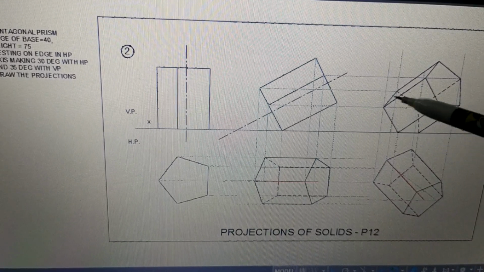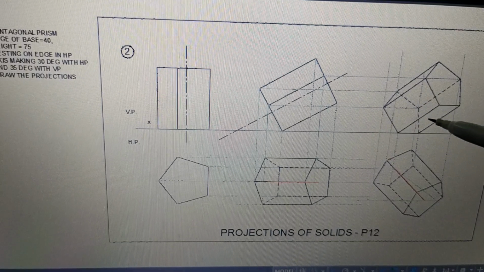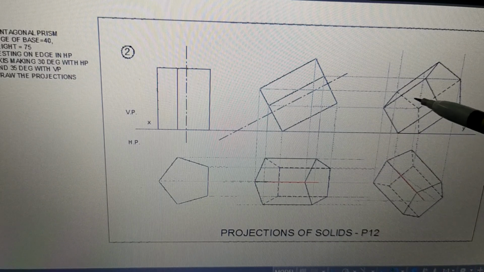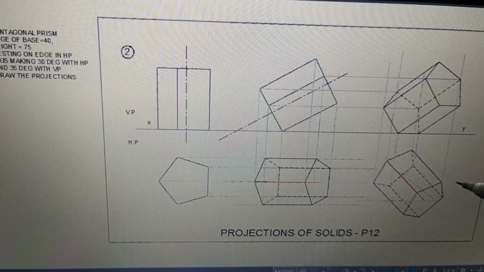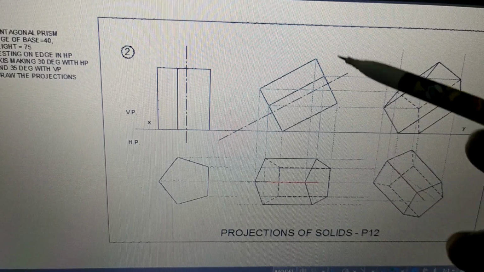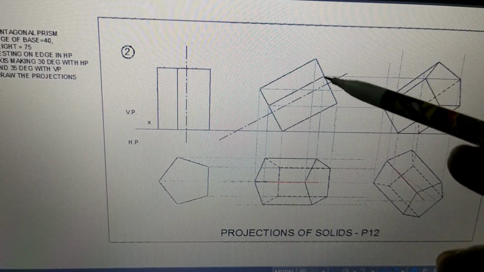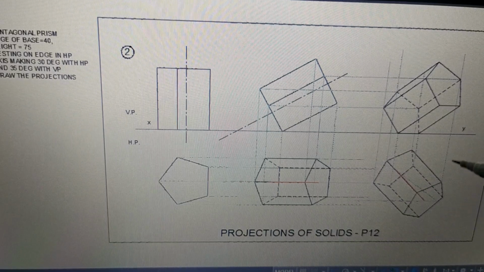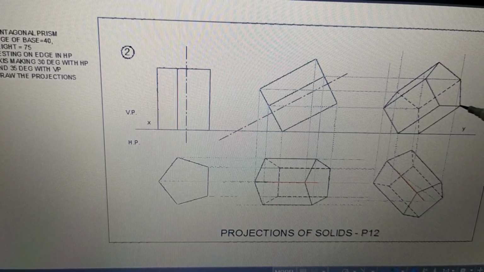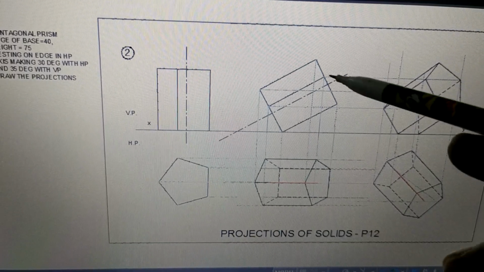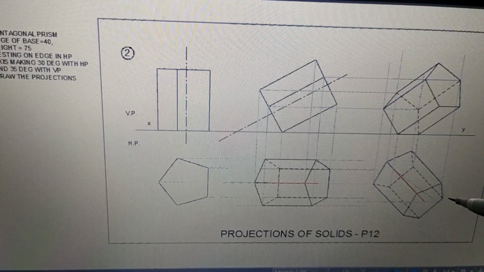When you draw this, first you draw a light pentagon. Lines are not to be finalized yet because this is only the base pentagon you have drawn. Like that you can draw the top pentagon 1, 2, 3, 4, 5. Take the reference from here, this 1, 2, 3, 4, 5, and you can construct this pentagon by matching the points in these two views.